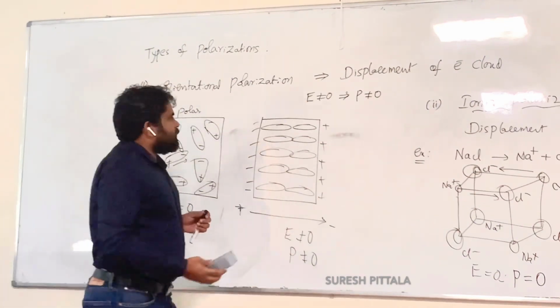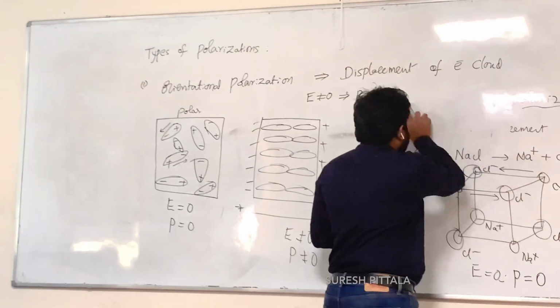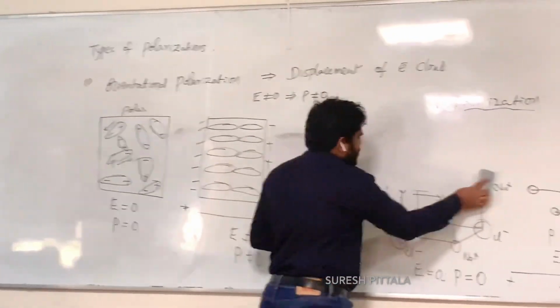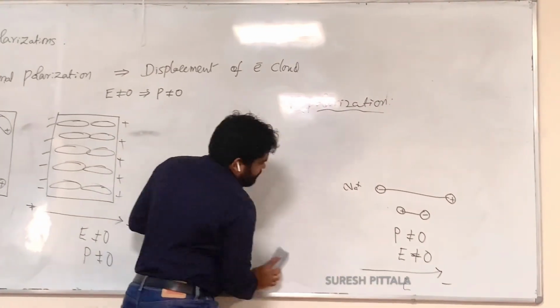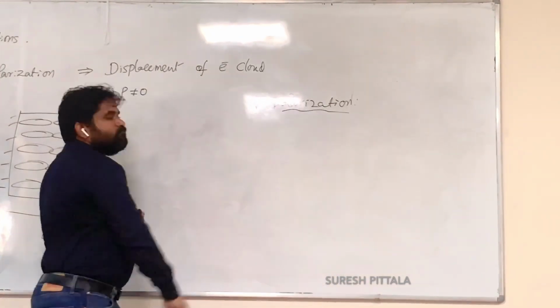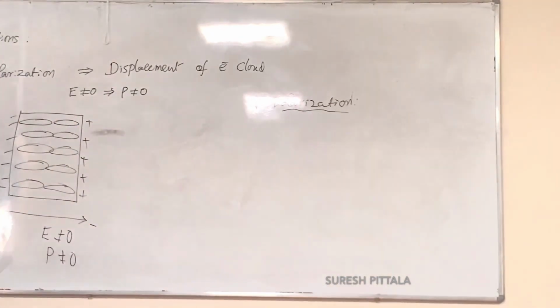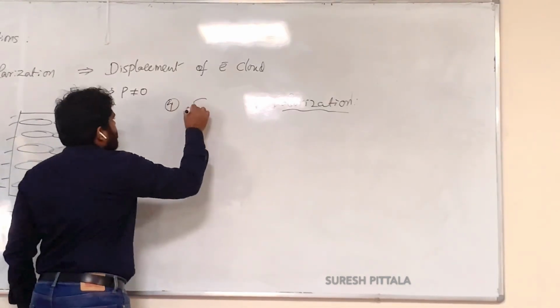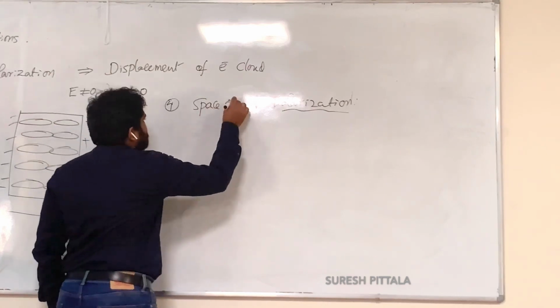Clear? Then let us go back to our final type of polarization, space charge polarization. Anybody knows what is space charge polarization? You have already studied this, right? What is it? Space charge.